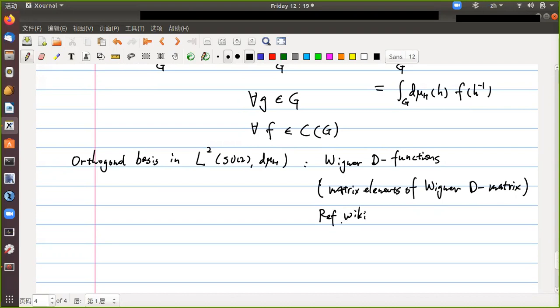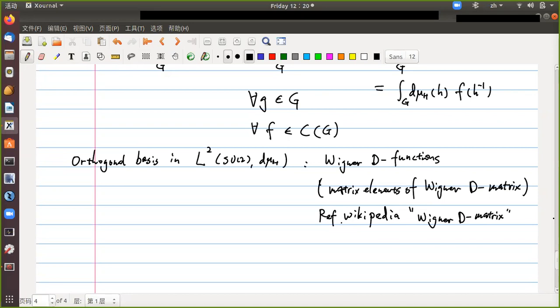Or, probably in your quantum mechanics class, you may have also learned a little bit about the Wigner D matrix when you learned about angular momentum. You can just check out Wikipedia about the Wigner D matrix. That will be enough to learn the Wigner D matrix.